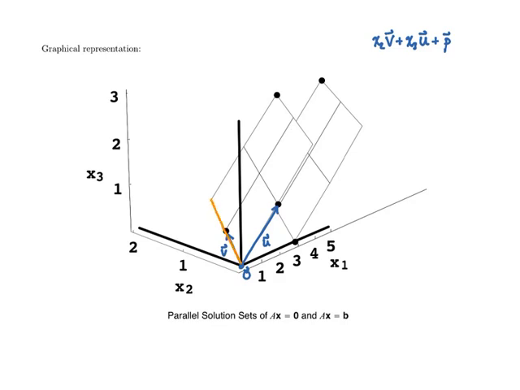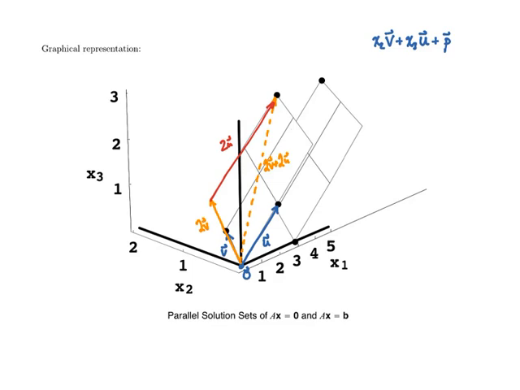So this would be 2v. And this vector right here would be 2v plus 2u, because I could attach two copies of u and get the diagonal of some parallelogram.